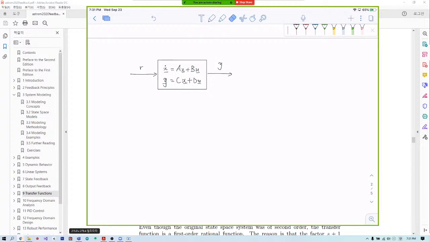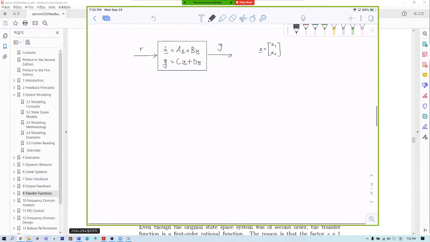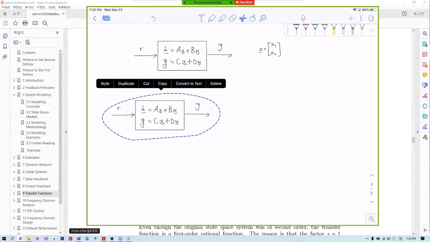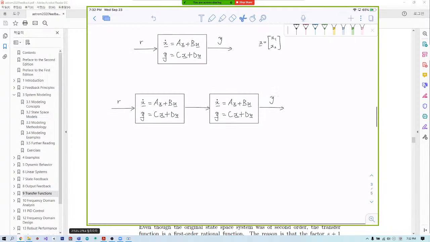After all these tedious computations, we want to calculate the output, because that's something sensible and that's something we want to control. Let's suppose x is a 2 by 1 vector, where the first element is x1 and the second one is x2. Let's say there is a system that can be characterized like this.